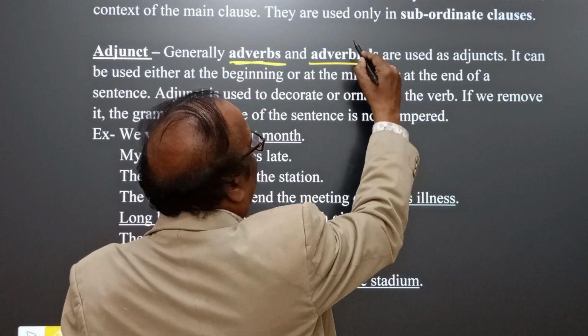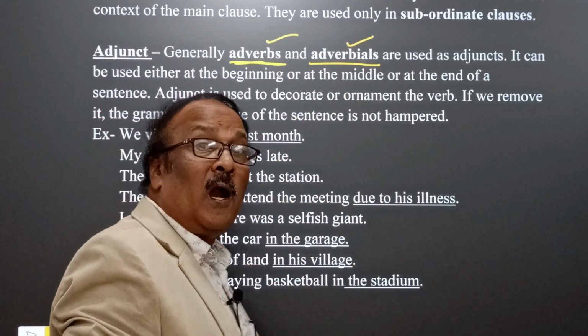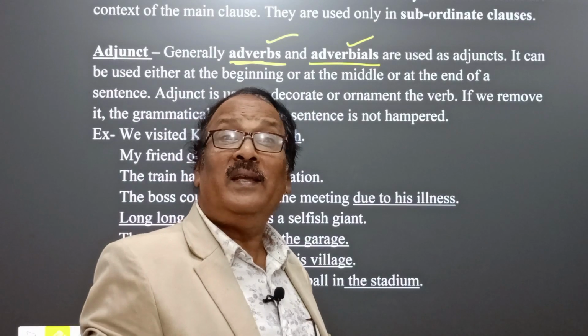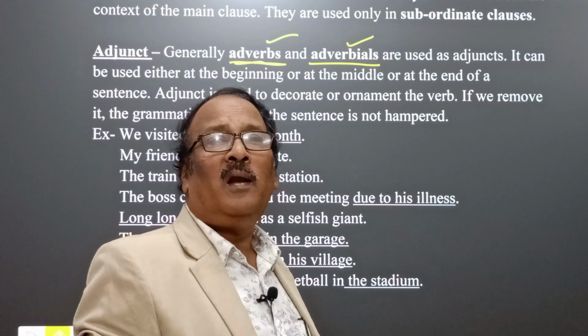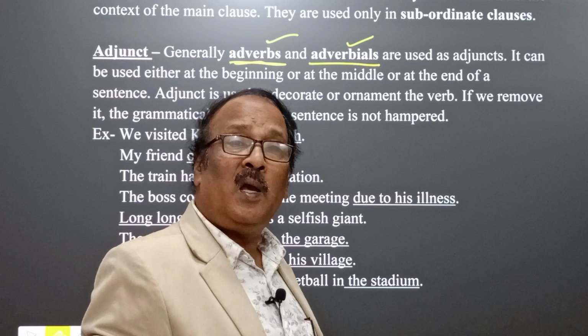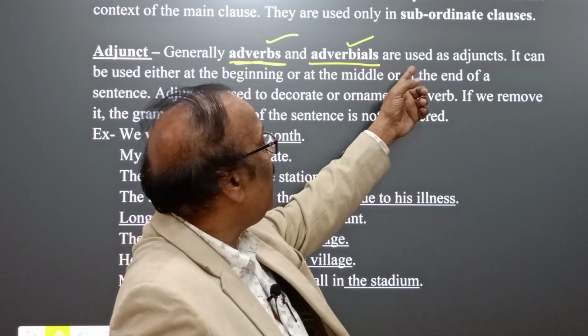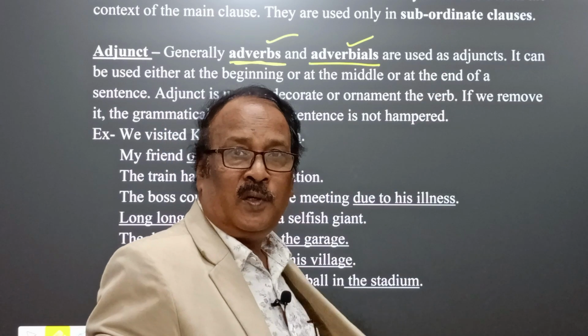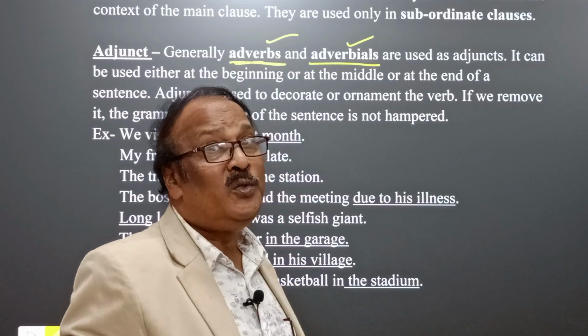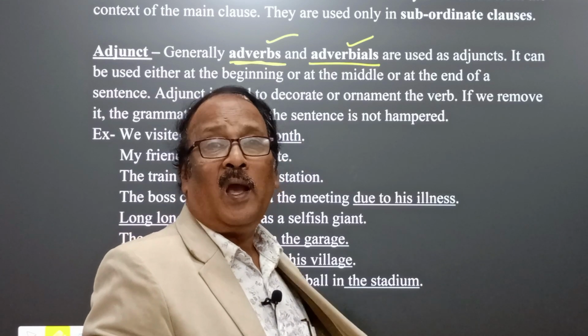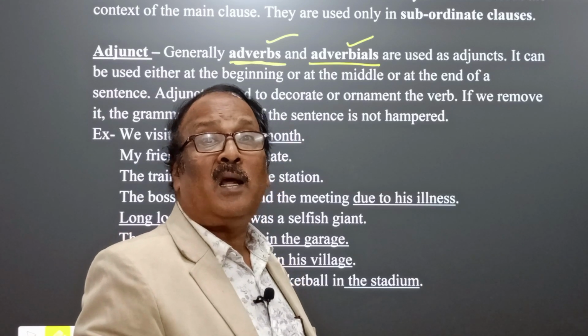or adverbials. Naturally, you see adverb, but nowadays adverbial, long ago adverbial, at this moment adverbial, and therefore they are used as adjuncts. It means they are used to qualify or modify the verb, giving extra meaning.